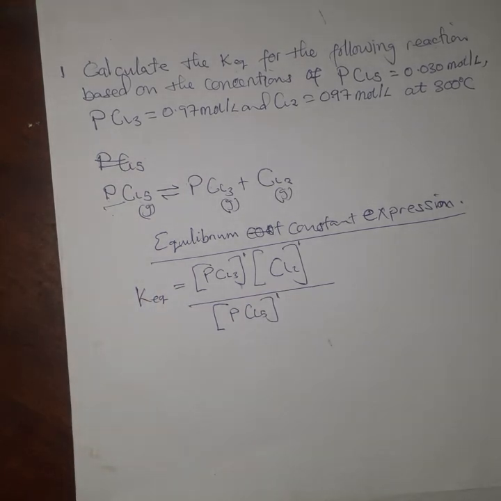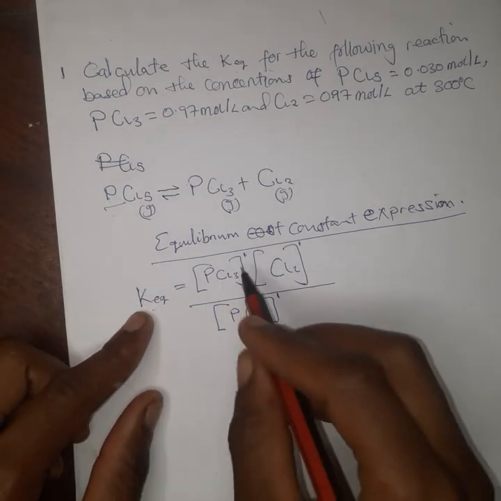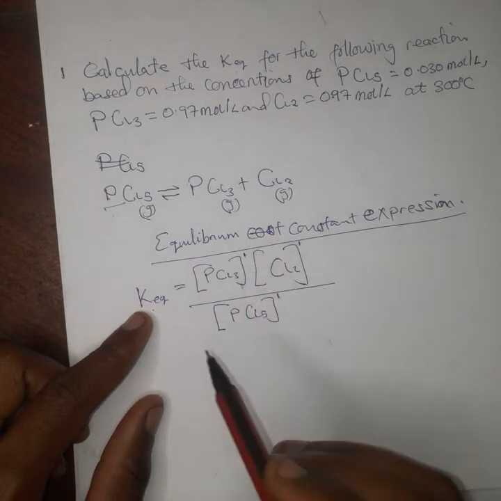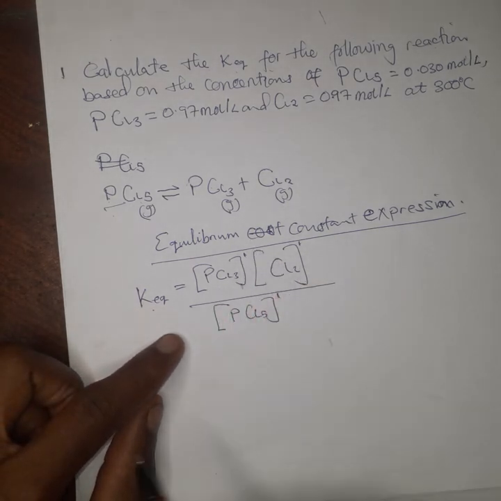Now since we want to find the equilibrium constant using the concentrations given, we have to start substituting the concentration of each substance.